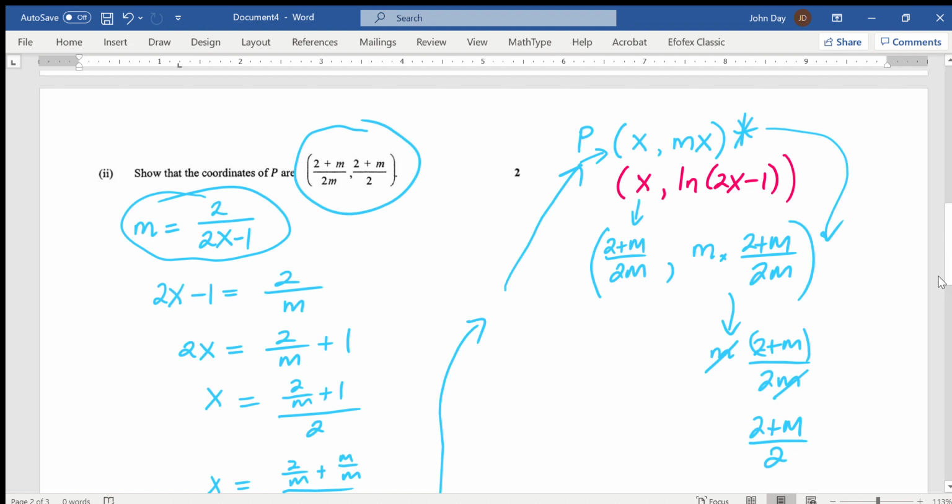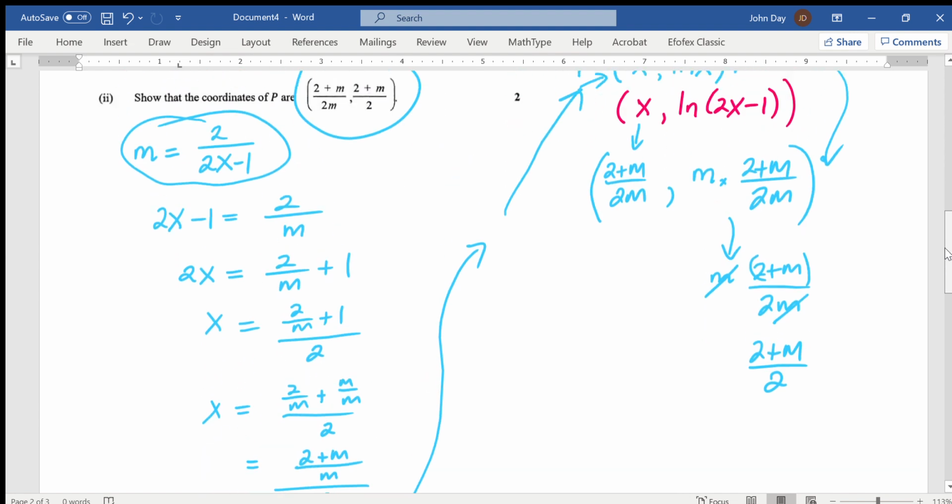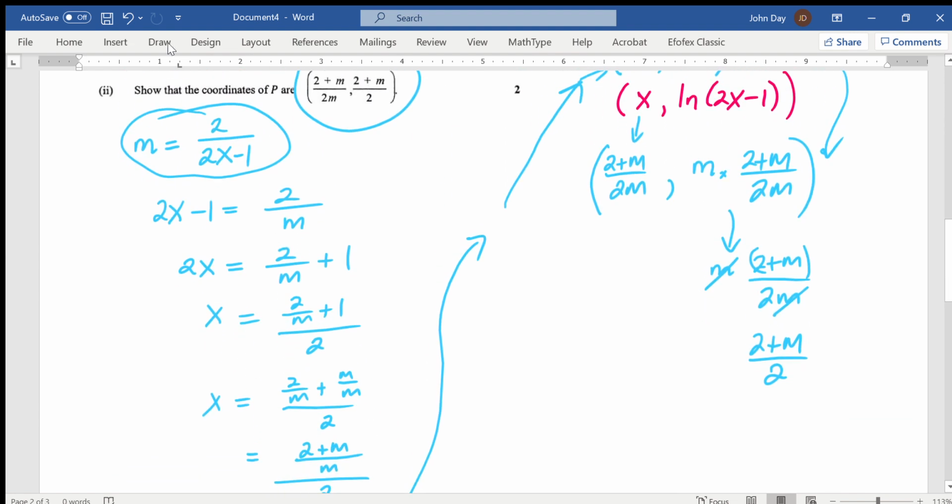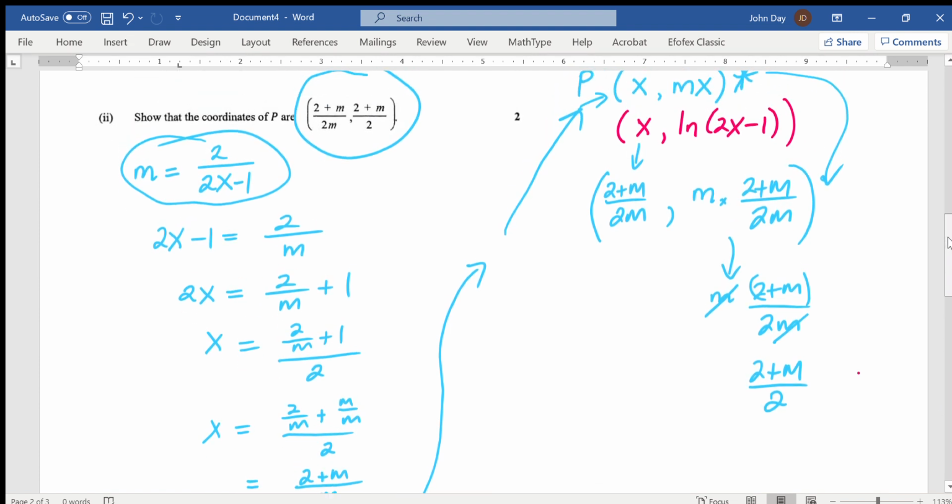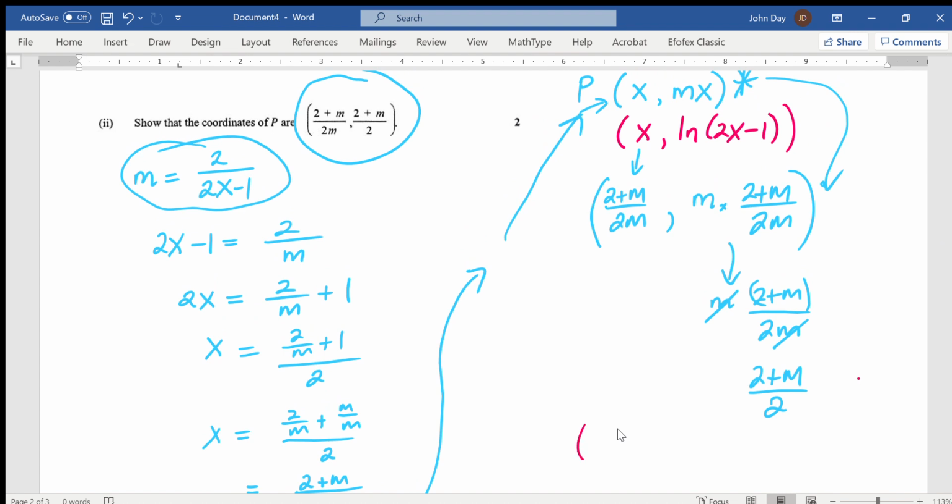But this wouldn't be the answer, I'm just saying they could have said, show that the coordinates are 2 plus m on 2m and the natural log of 2 times 2 plus m on 2m minus 1.